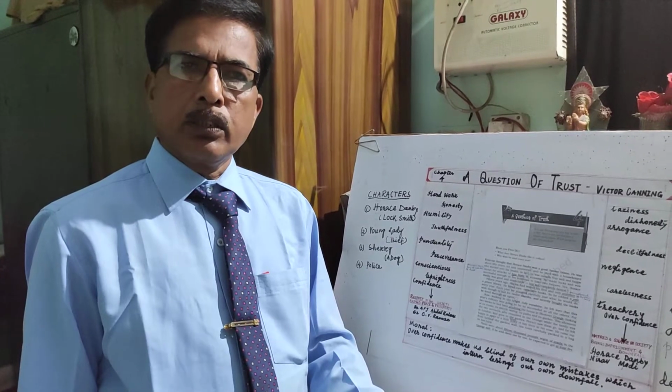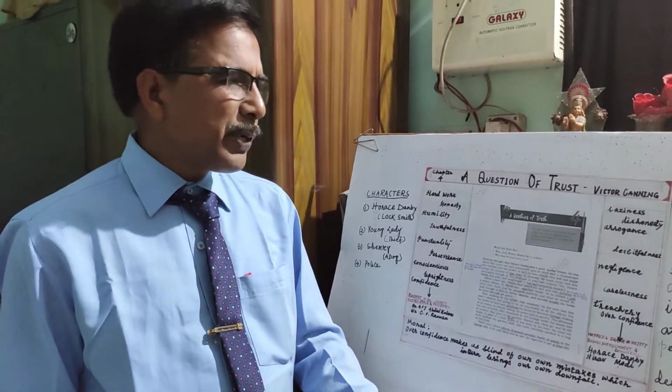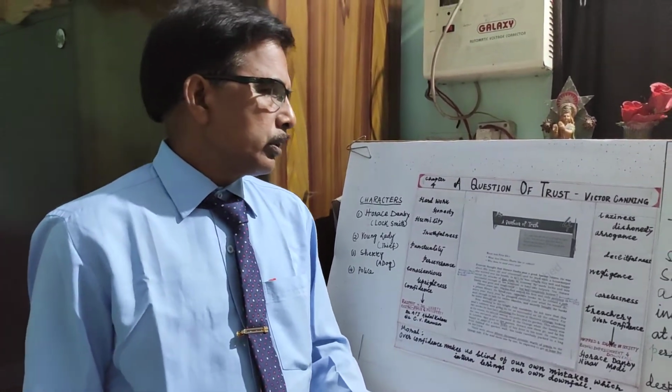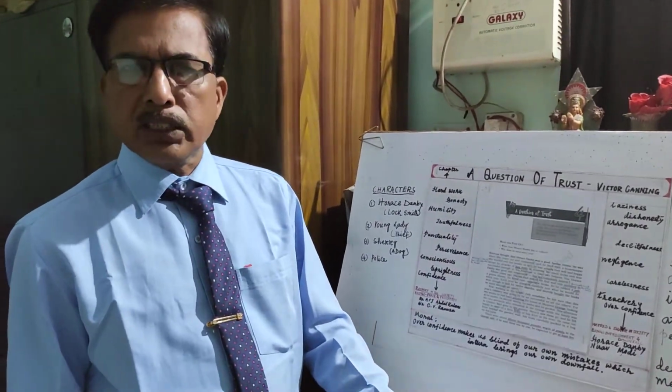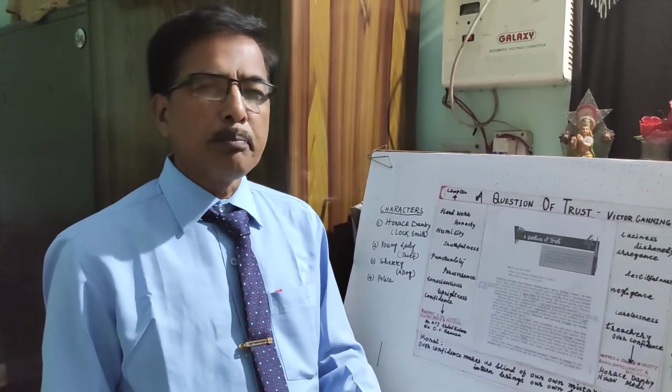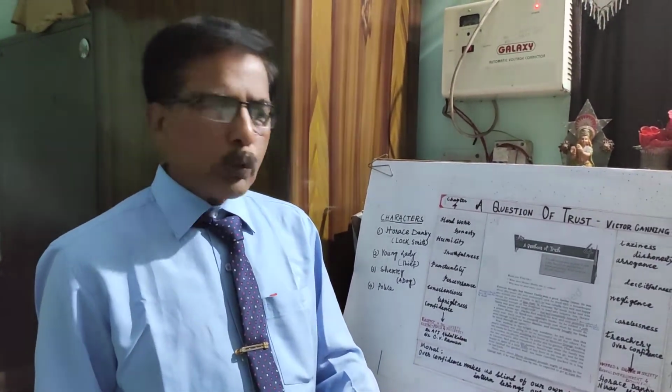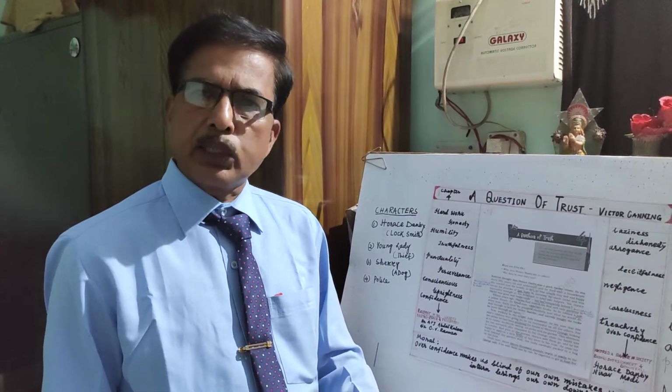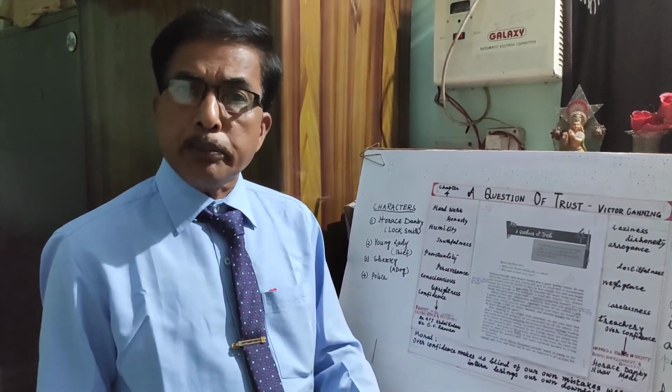However, the story writer has something different to say about him. The writer says he is an honest person, but not completely honest. Students, we have to think, why has the author said so about Horace Danby?